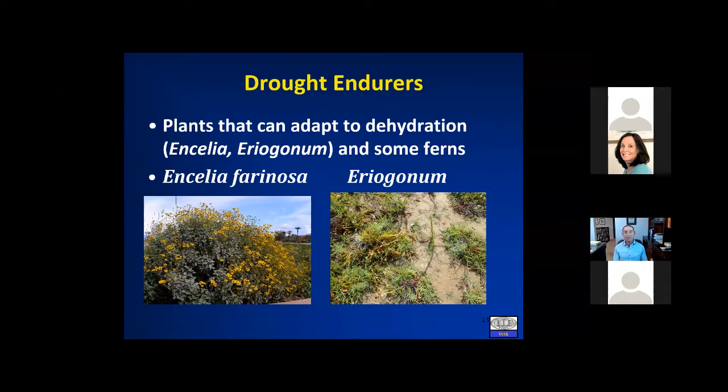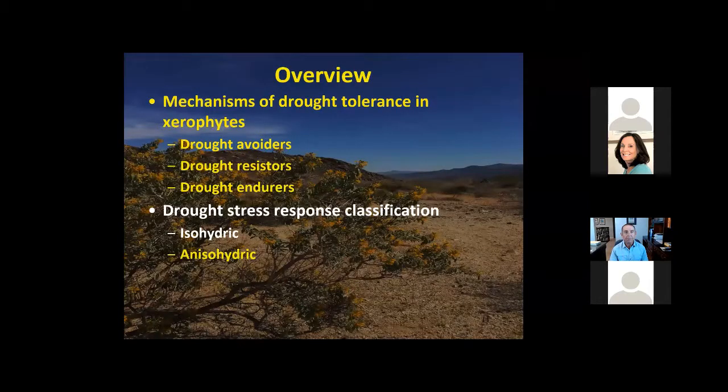Because that's the worst part of having California natives: a lot of them will be brown or almost deciduous by August or September. And that's when you really have to say, can I handle this? They all look pretty when they're flowering. But that's how plants adapt to dehydration: they will actually go dormant.